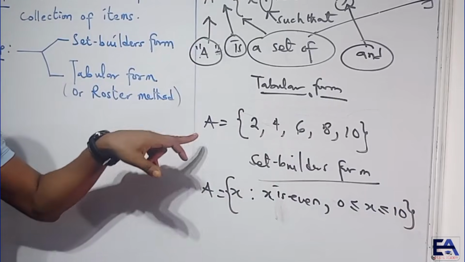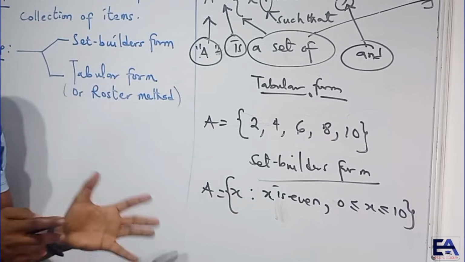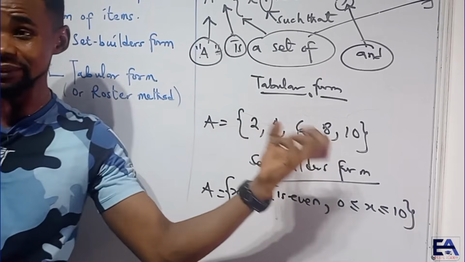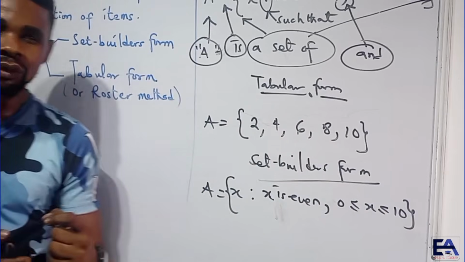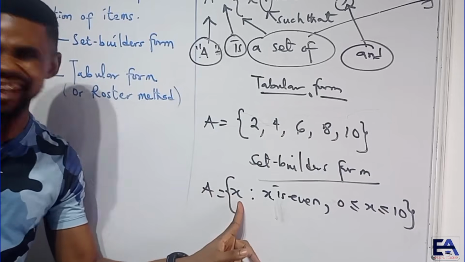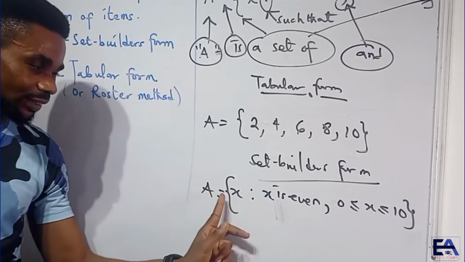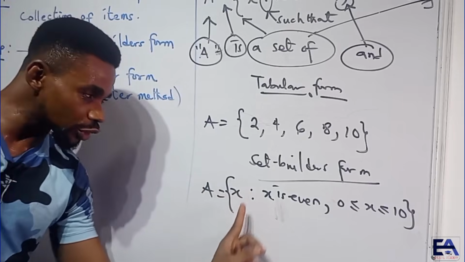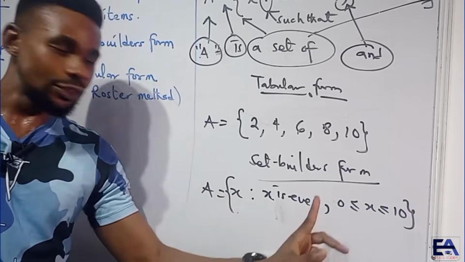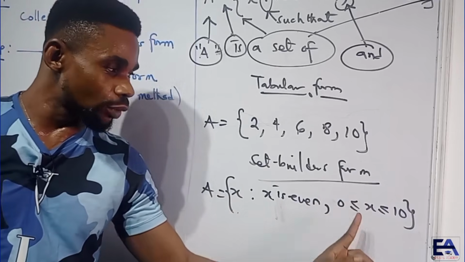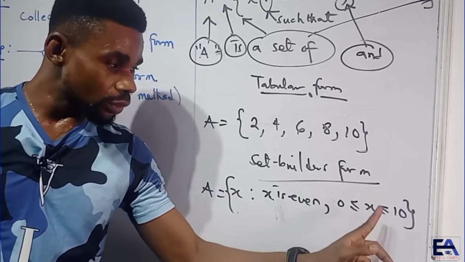So what I represent here means this X is just like a pointer. It's not as if X itself is inside the set, but it's just a pointer. We need something to relate to. We say A is a set of some kind of numbers. So that is X in this picture. A is a set of some kind of numbers such that the number is even and the number is greater than or equal to 0, but less than or equal to 10.